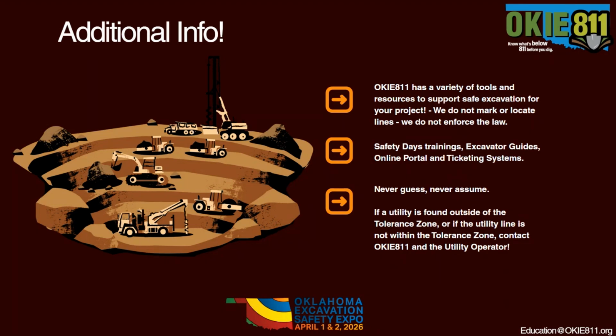If a utility is found outside of the tolerance zone, or if the utility line is not within the tolerance zone as you're digging through, contact OK 811 and the utility operator, and the utility operator should be able to come out promptly and observe those lines, and we can get a greater report on that. It is very important for your safety to never guess and never assume with lines and the tolerance zone.